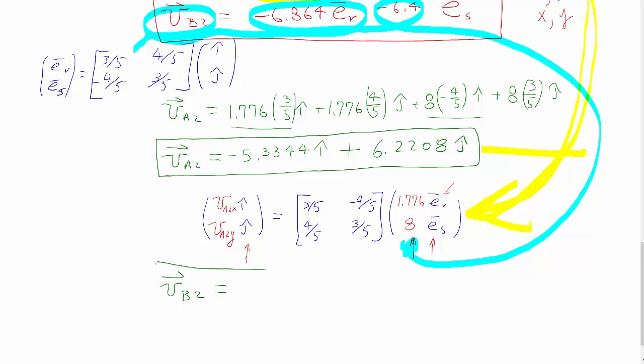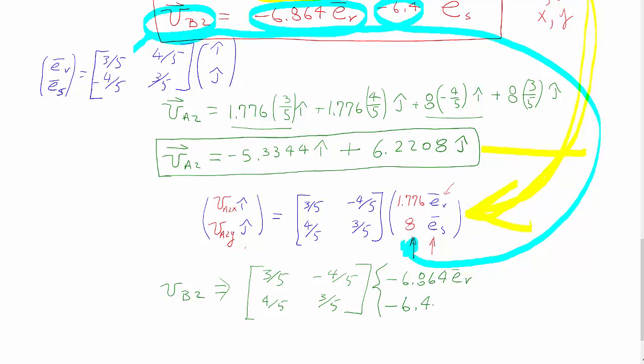I can do it in component form, which will look like this: 3/5 minus 4/5, 4/5 and 3/5, times, grabbing the components, minus 6.864 ER, minus 6.4 ES.